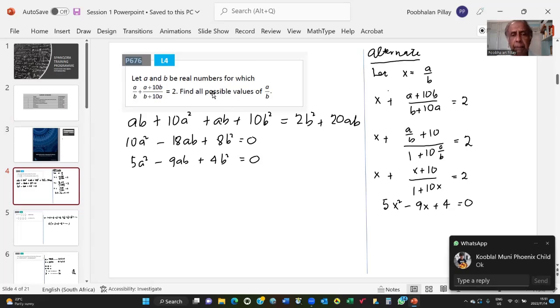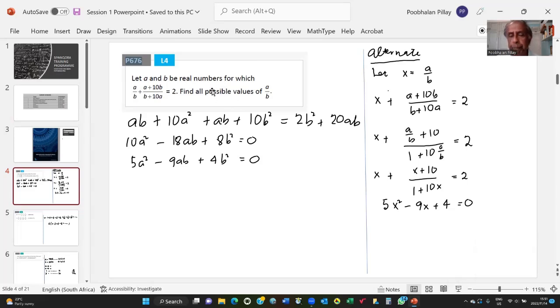So let's go straight to problem 676. It says, let a and b be real numbers for which you have this equation: a over b plus 10b, plus b over a plus 10a, is equal to 2. So the question is, find all possible values for a over b.